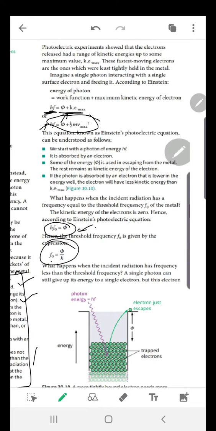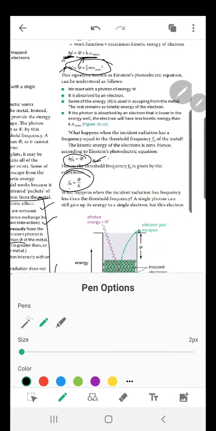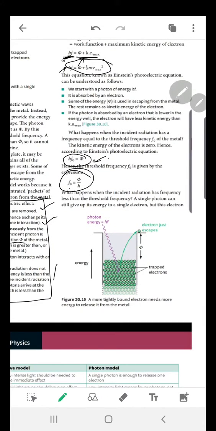In this diagram, they are explaining that if you have more tightly bound electrons, all of the energy will be taken by the electron to go out, and no kinetic energy will be left, because all the energy is taken up by that electron. The energy is still conserved.